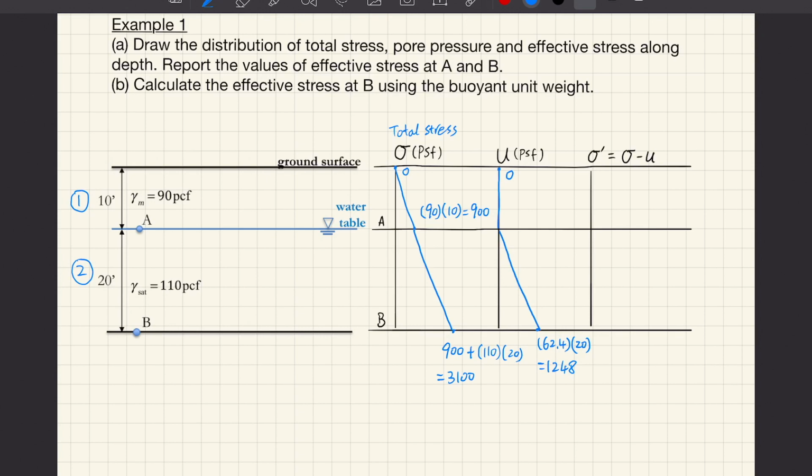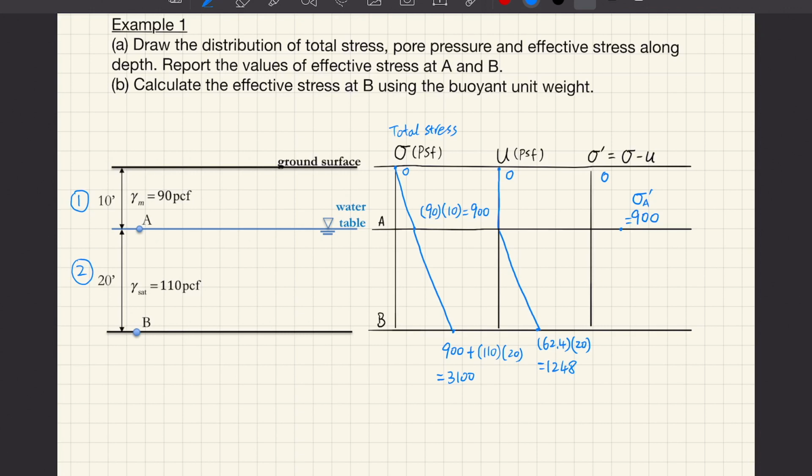Finally, the effective stress is the difference between the total stress and pore pressure. At the ground surface, sigma prime is 0. At point A, the stress is 900, same as the total stress, so sigma A prime equals 900.